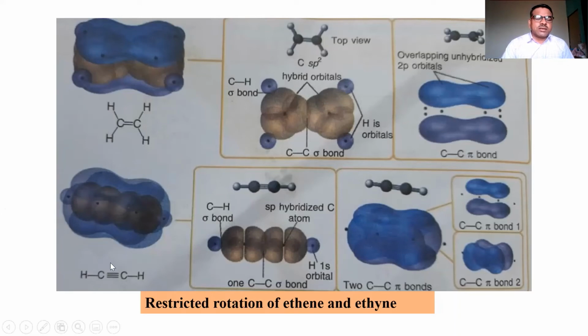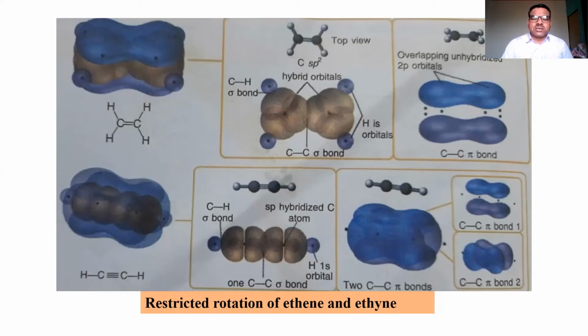Now if you consider ethyne, again you will observe that due to the presence of a carbon-carbon triple bond, one is a sigma bond and two are pi bonds. So definitely free rotation is not allowed. Again, due to the 2 pi and 1 sigma bonds of the carbon-carbon triple bond, free rotation is not allowed.